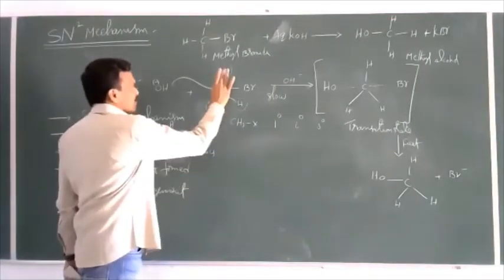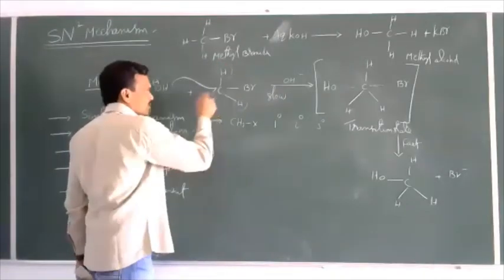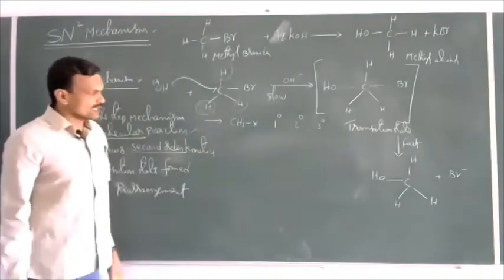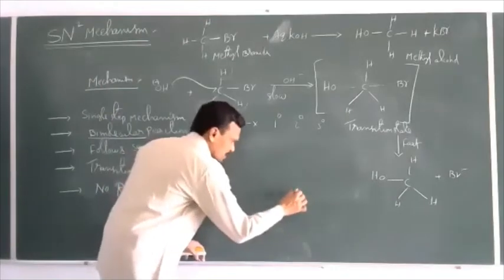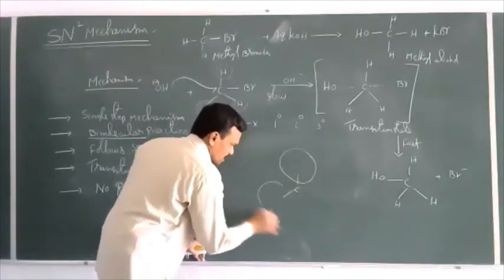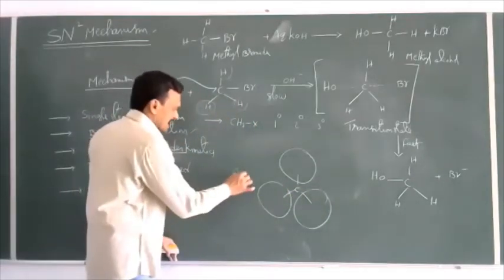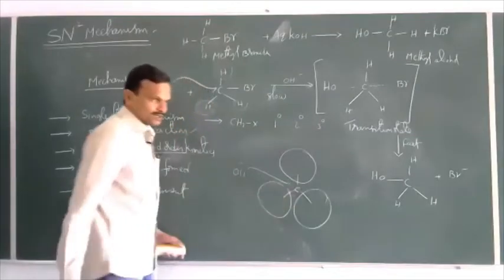So here as the number of carbons increases around this carbon atom, that is as the size of the alkyl group increases, the bulkiness increases. See, this is the carbon. Around this carbon, large groups like methyl groups are present. Then the attack of this OH minus becomes difficult.